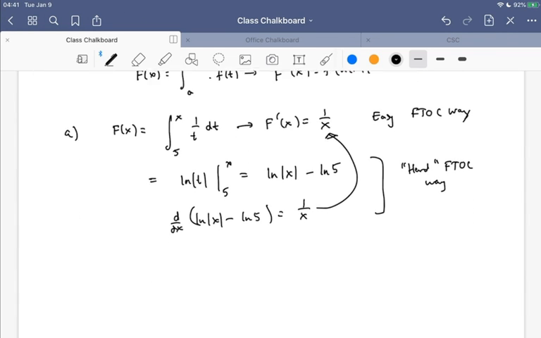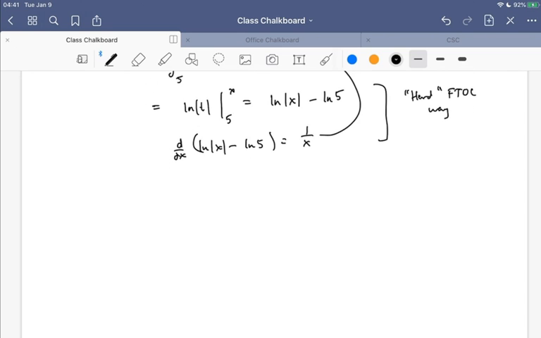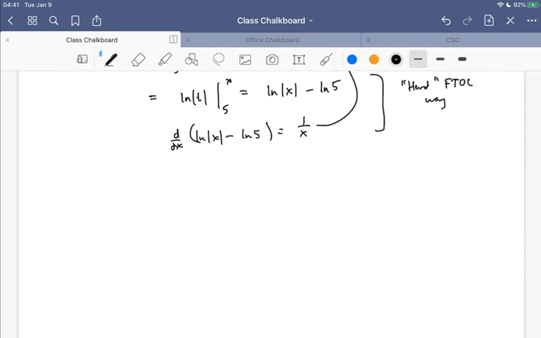Okay, so then to go on to part B, there we have a slightly different version. Here, it's in the wrong order. The constant's on the top, and the x is on the bottom.